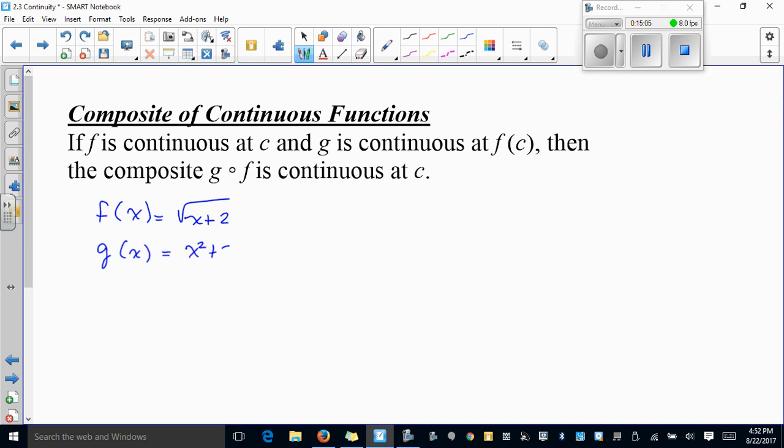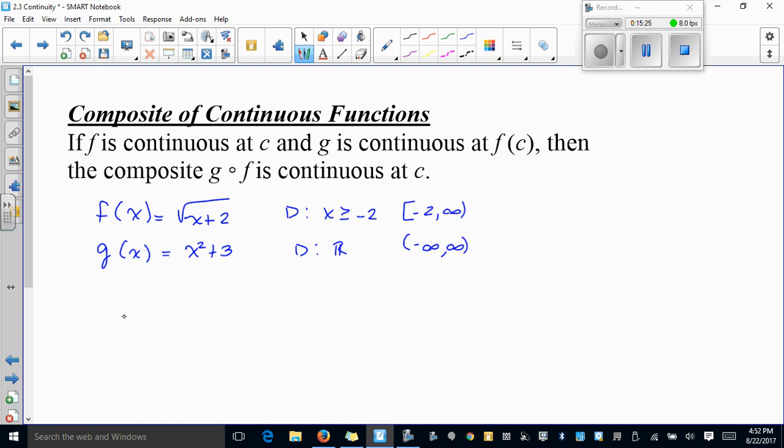I'm going to identify the domains right away. The domain on f is x greater than or equal to -2, or -2 to infinity. This guy, g, is all real numbers, interval notation -infinity to infinity.